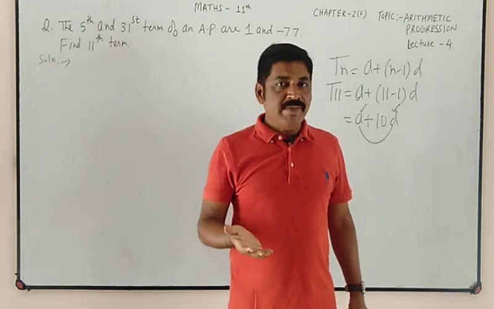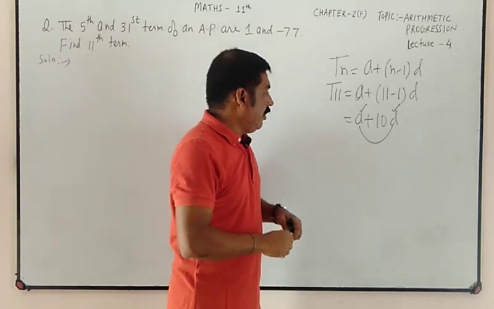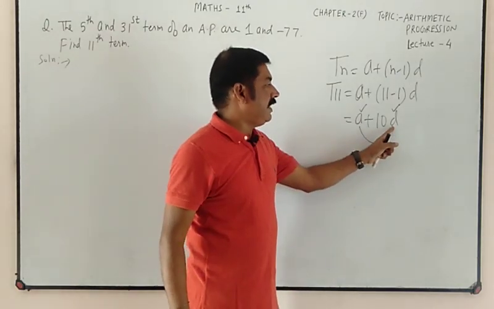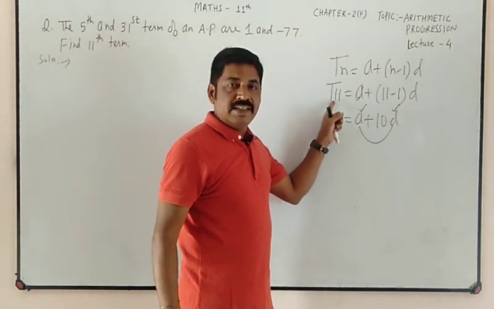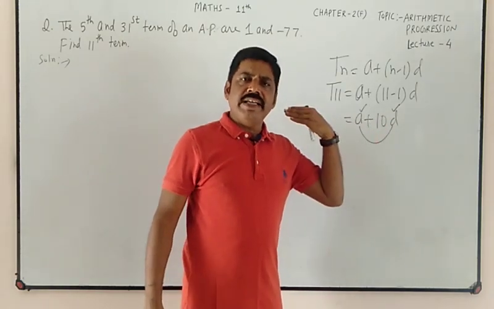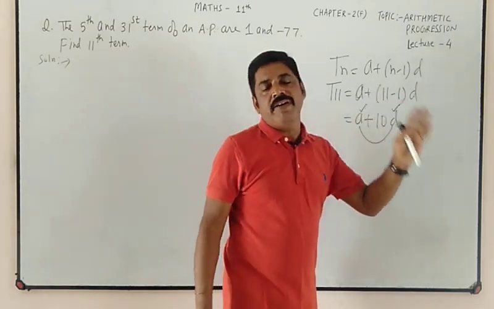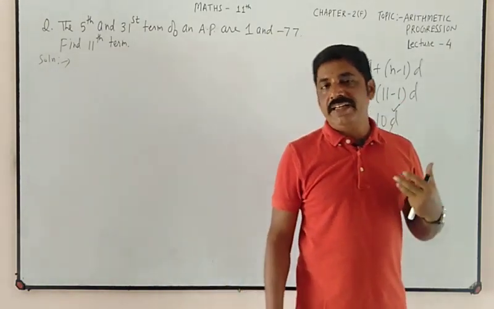By elimination method, find the values of a and d and then put the values of a and d to find the 11th term of the series. You can find any term of the series whenever we have the values of a and d.